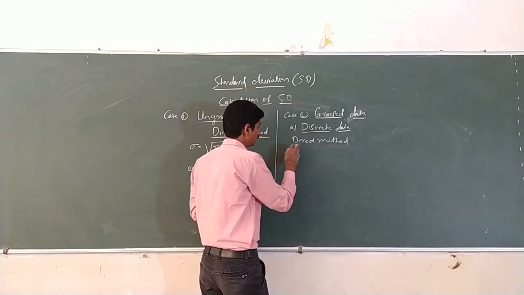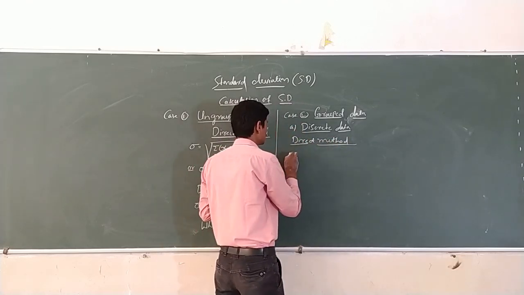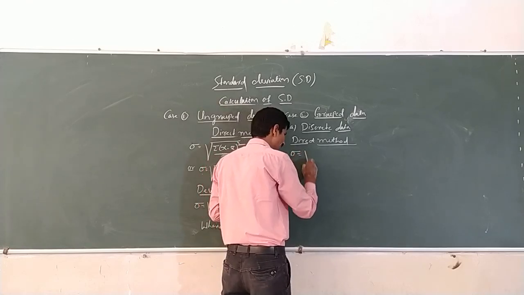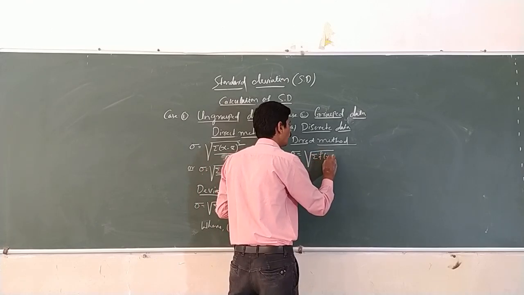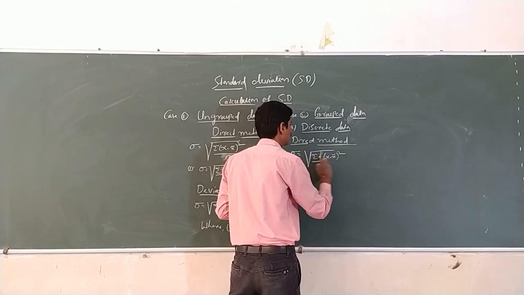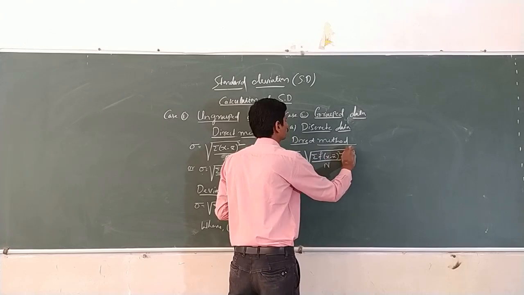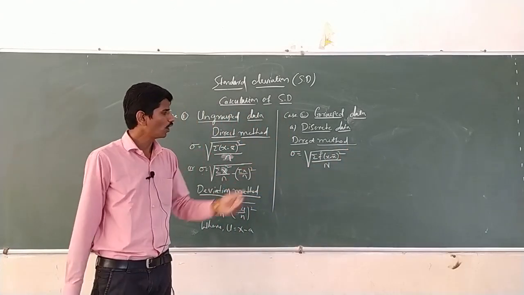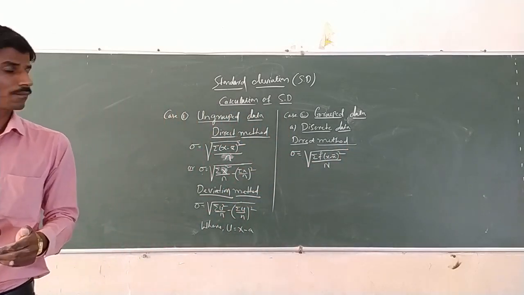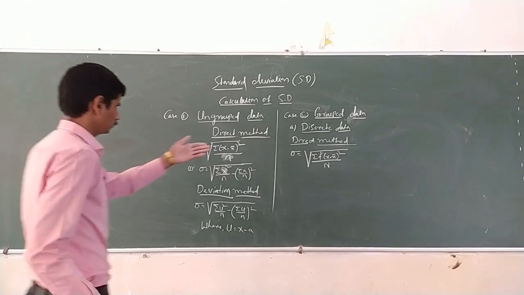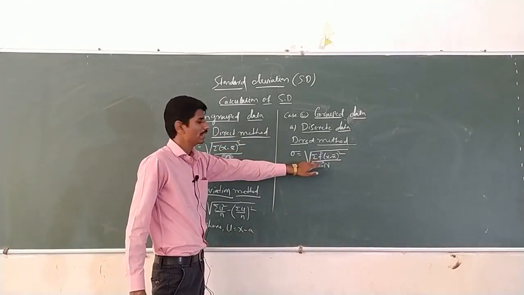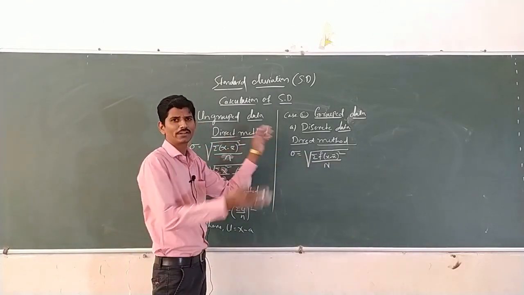In the direct method, sigma equals the square root of sum of f into (x minus x bar) whole square by capital N. Here we have to multiply by f. Capital N is the sum of frequencies because frequencies are given.